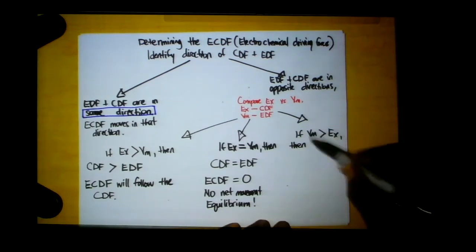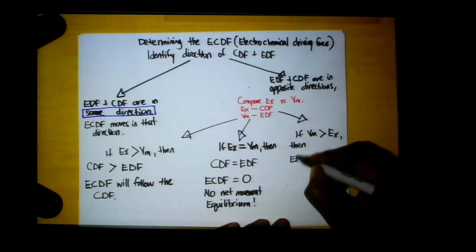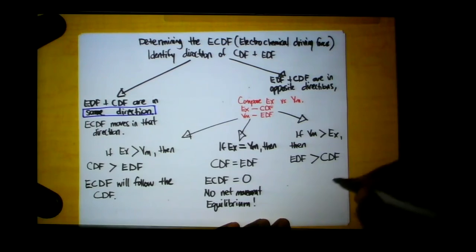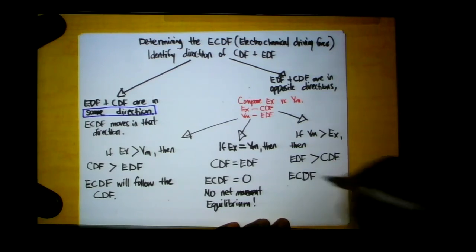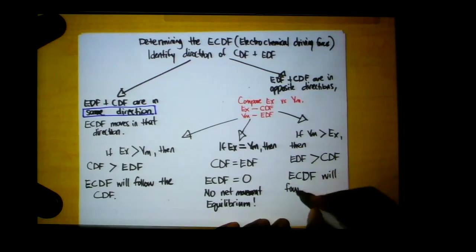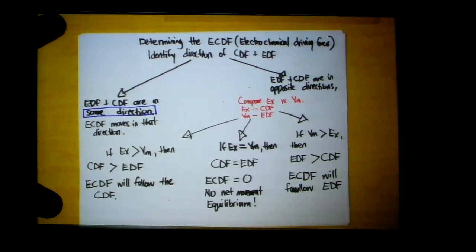So if membrane potential is greater than equilibrium potential, then electrical driving force is greater than chemical driving force, and our total electrochemical driving force will follow the direction of the electrical driving force, the more dominant underlying force.